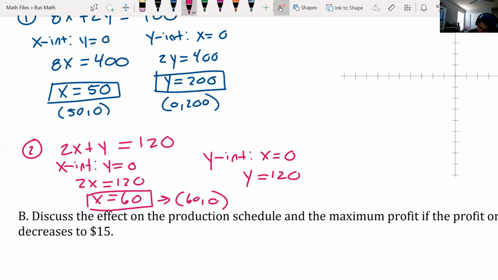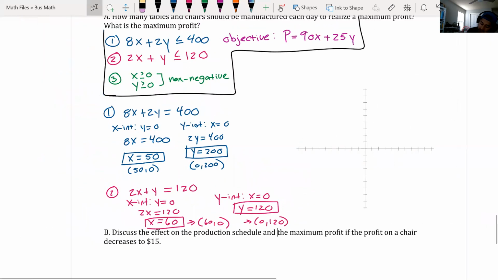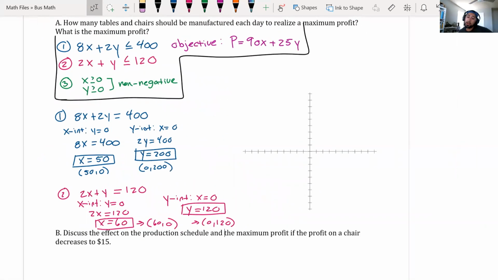Hey, that one was easy. y equals 120. There we go. We have x-intercepts, y-intercepts, and now we have to make our intervals appropriate. I think we could go by 20s.